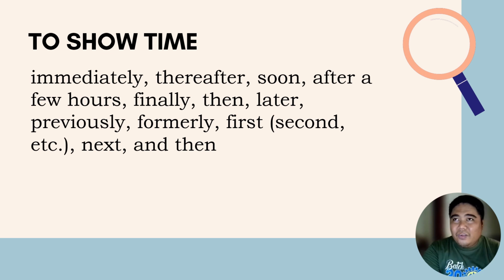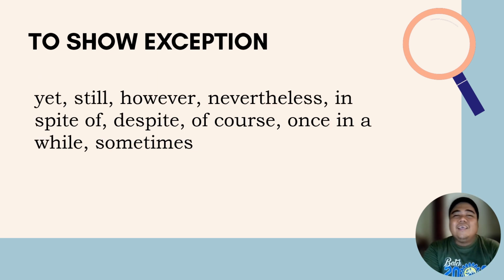Or you can also use transitional devices to show time. Like, for example, immediately, thereafter, soon, after a few hours, finally, then, later, previously, formerly, first, second, third, next, and so on and so on. Okay? You can also use transitional devices to show exception.